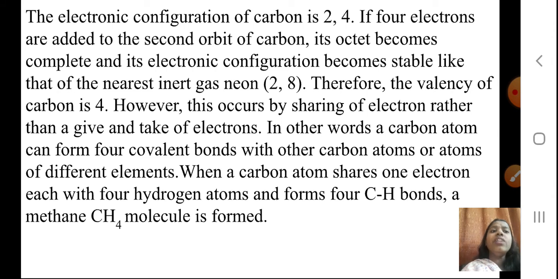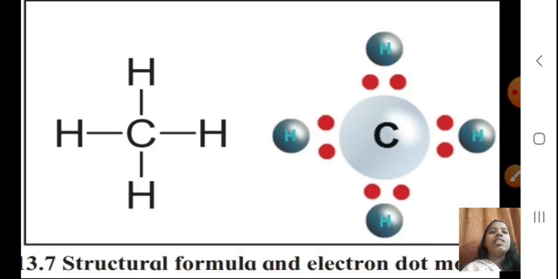When a carbon atom shares 1 electron with each of 4 hydrogen atoms and forms 4 C-H bonds, a methane CH4 molecule is formed. So if it is sharing with hydrogen, which molecule will be formed, students? CH4. We'll just see the structure. This is the structural formula and electronic dot model.